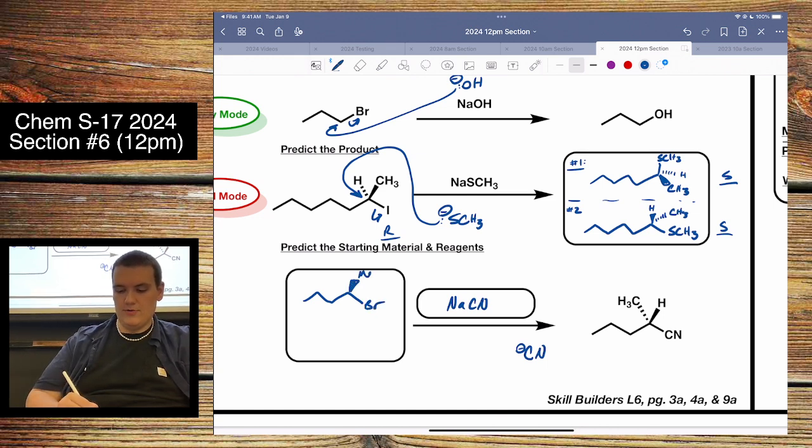Then you would have your methyl, and then you would have your hydrogen. The other way that you could draw it is with the bromine here, and then your methyl and your hydrogen staying as they were.